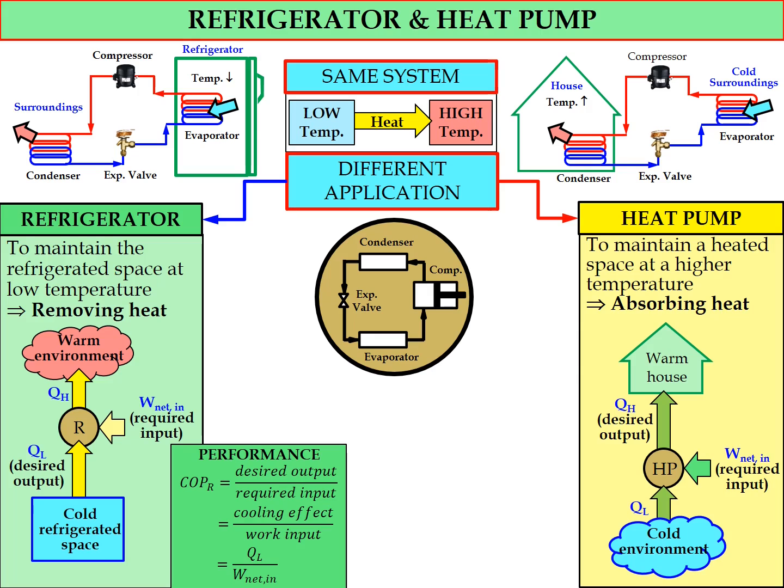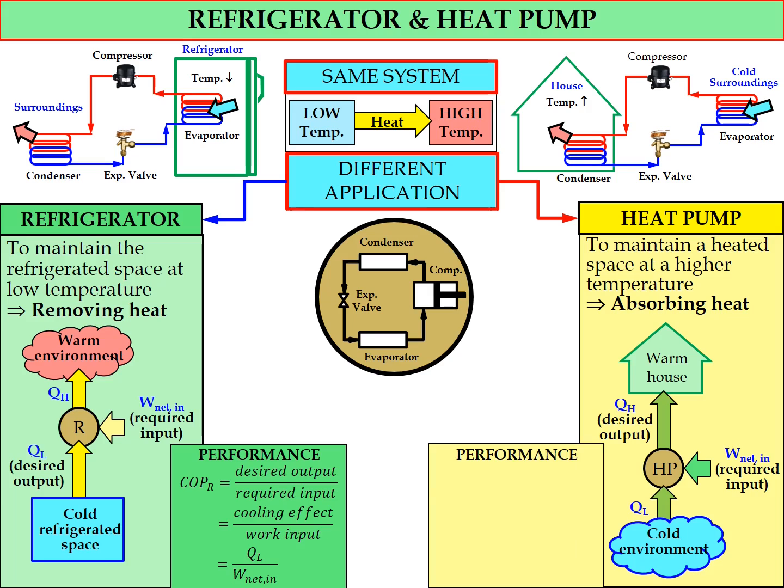Same as the refrigerator, for the heat pump we also need to supply W net in, which we consider as the required input. The heat pump will absorb heat from the cold environment, represented by the value of QL, and then the heat pump will release the heat represented by QH, which is also referred to as the desired output, into the house in order to increase the temperature of the area inside the house.